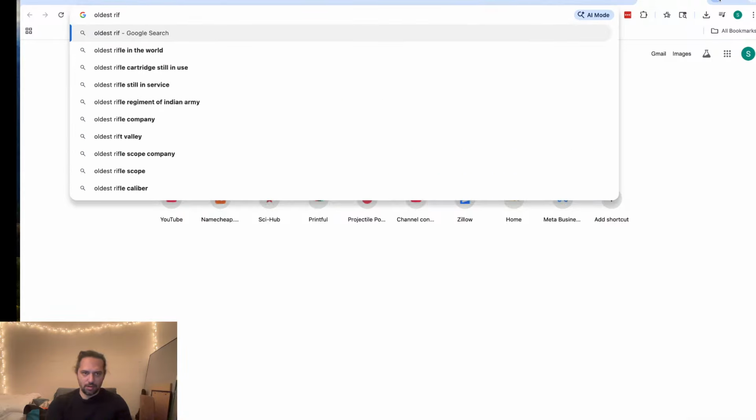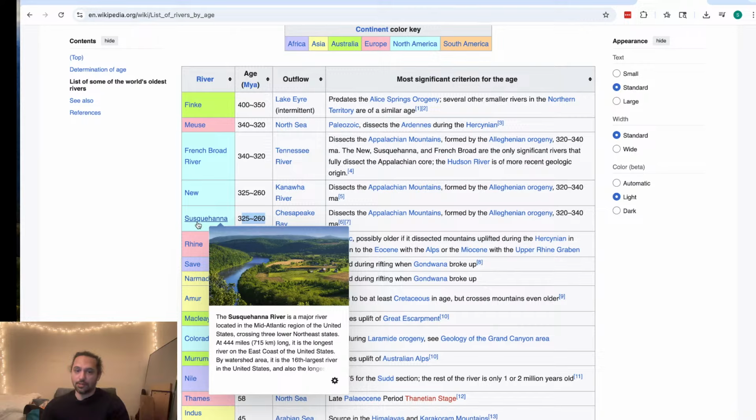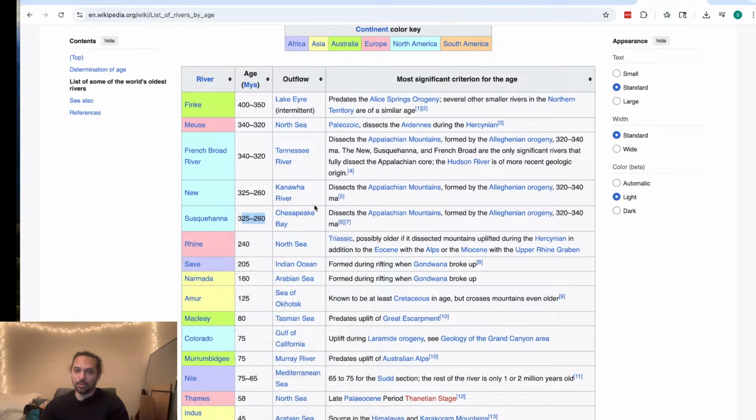Here are the oldest rivers: Finke, Meuse, French Broad River, the Tennessee River, the New River, which is the Kanawha River, which is in, I think, West Virginia, right? And then the Susquehanna. Look at that. Susquehanna empties into the Chesapeake. It's about 325 to 260 million years old. Million years old, the Susquehanna River. Seriously, that is extremely old.